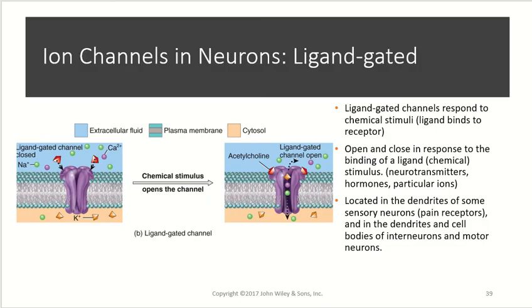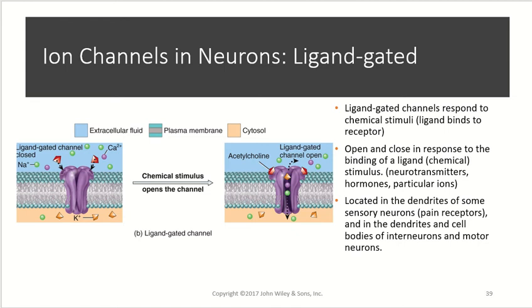Our next type of ion channel that's found in a neuron is the ligand-gated channel. These ligand-gated channels are going to respond to chemical stimuli. This is some sort of ligand binding to its receptor. So these are going to open or close in response to binding of a ligand in some sort of chemical stimuli.